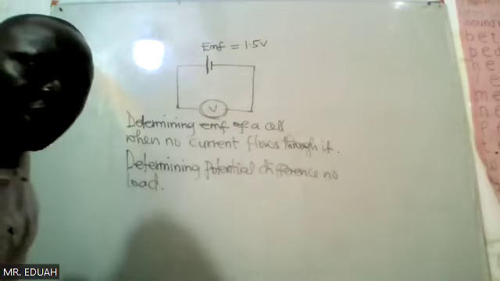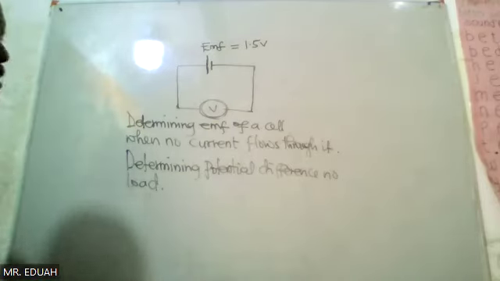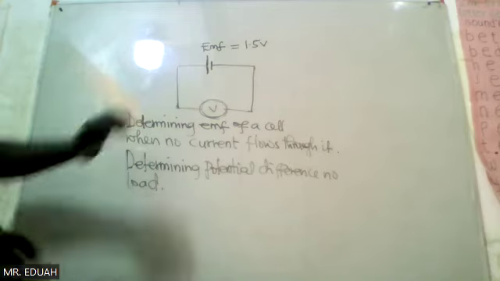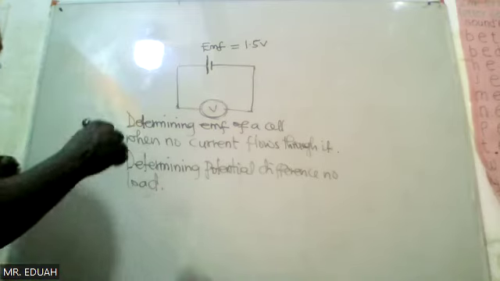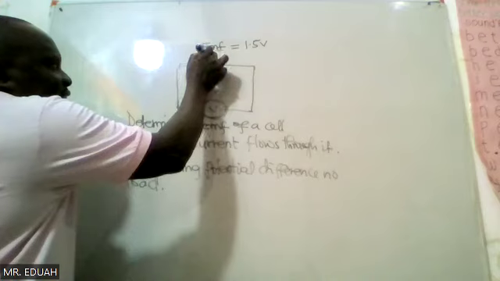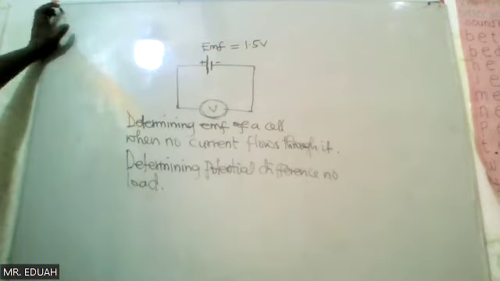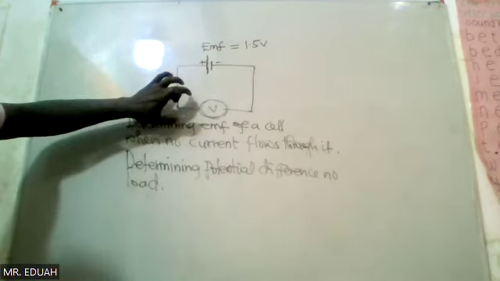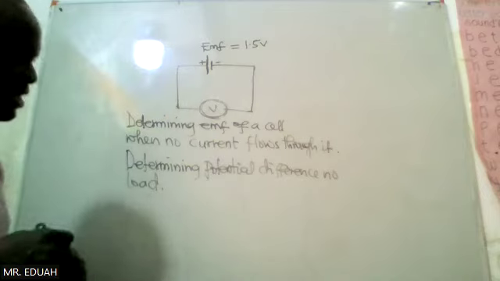The conditions for current to flow are that there must be a source of EMF. The EMF creates a potential difference across the wire. There must be a conductor and the circuit must be closed.